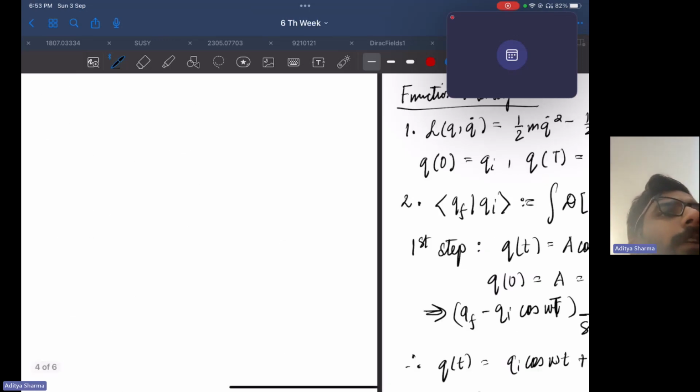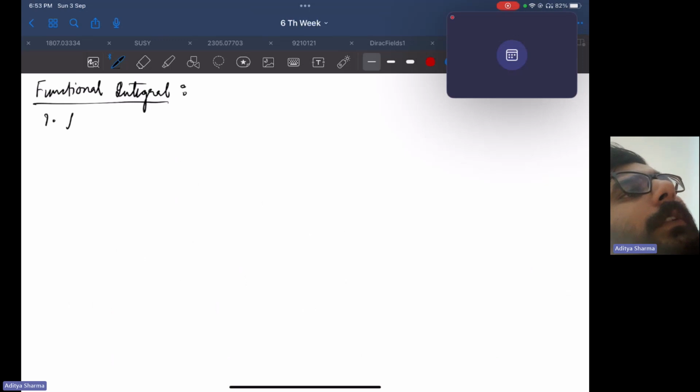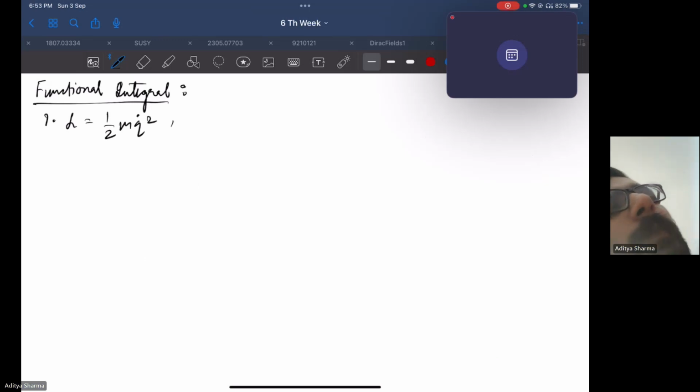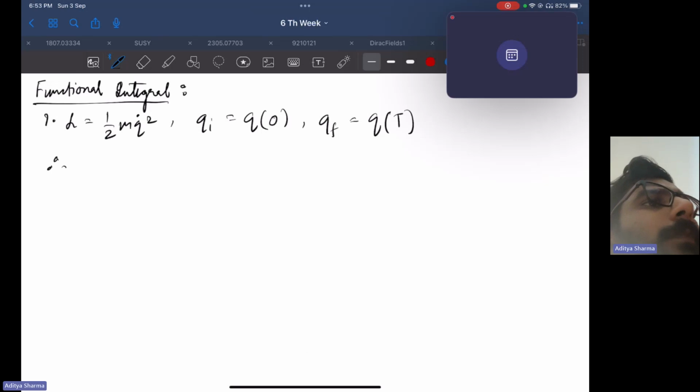We want to calculate it not for the Lagrangian but for the free particle, with initial as some qi and final as some qf.